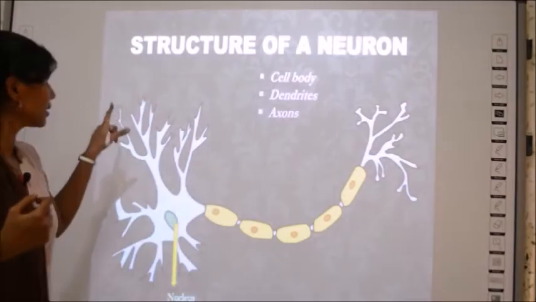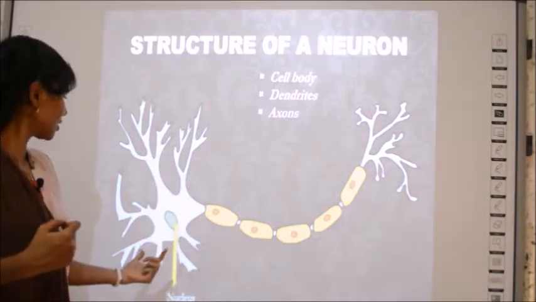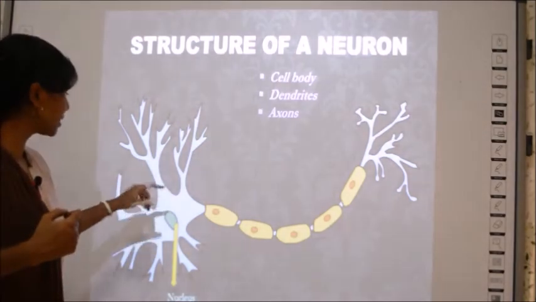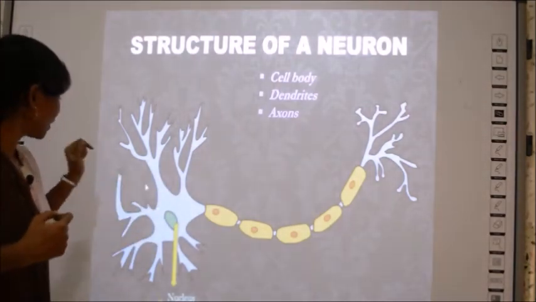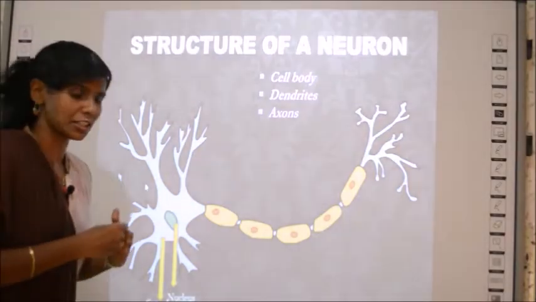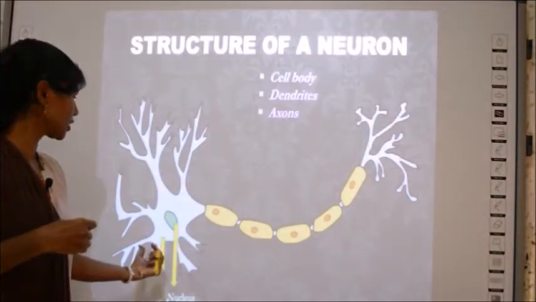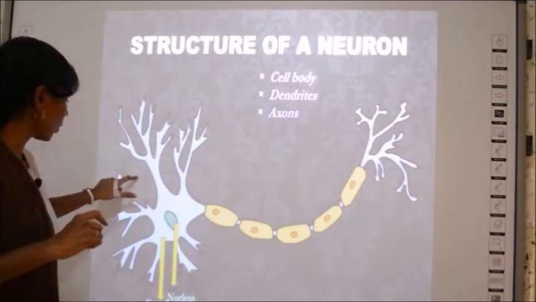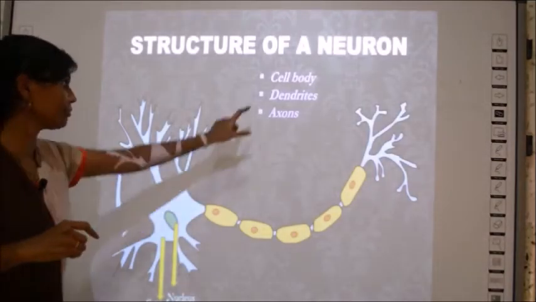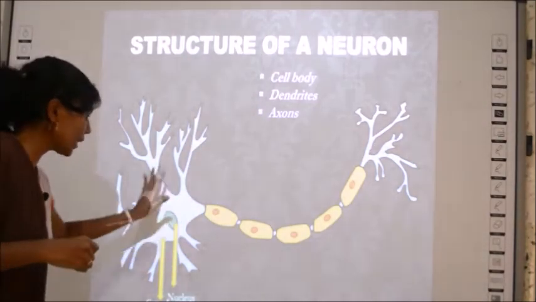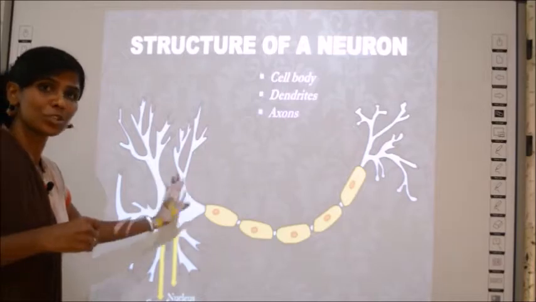In this case, the neuron also has a nucleus, and this blue or lavender colored shaded portion is called the cytoplasm. So, the nucleus and the cytoplasm together are called the cell body. The first part, cell body, comprises the nucleus and the cytoplasm.